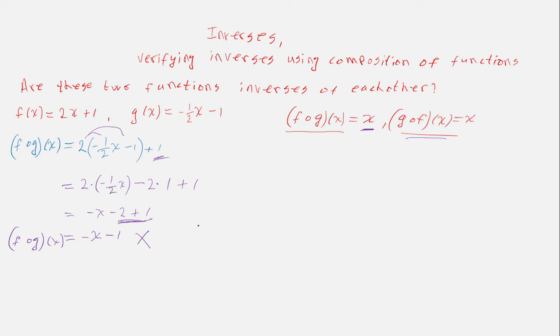So again, how do we check if two functions are inverses of each other? By composition. Well, we do one of the compositions, either this one or that one. If we get equals to x, we continue and do the other one. If we get equals to anything else but x in at least one of them, then we know they're not inverses of each other, right?